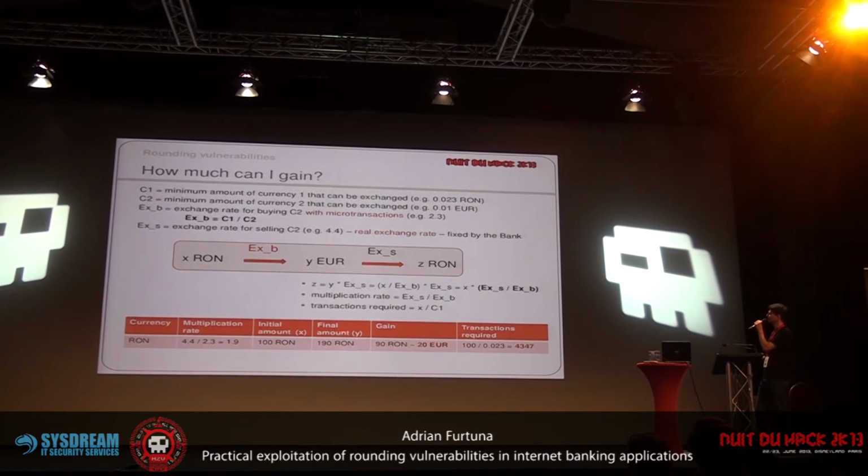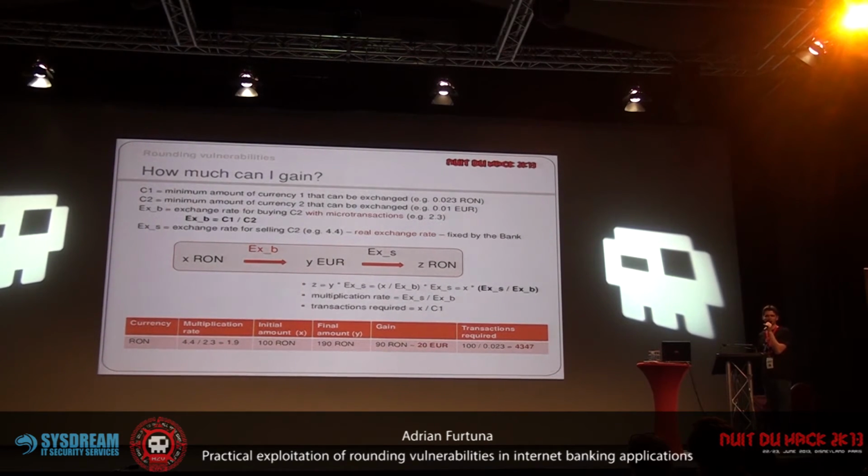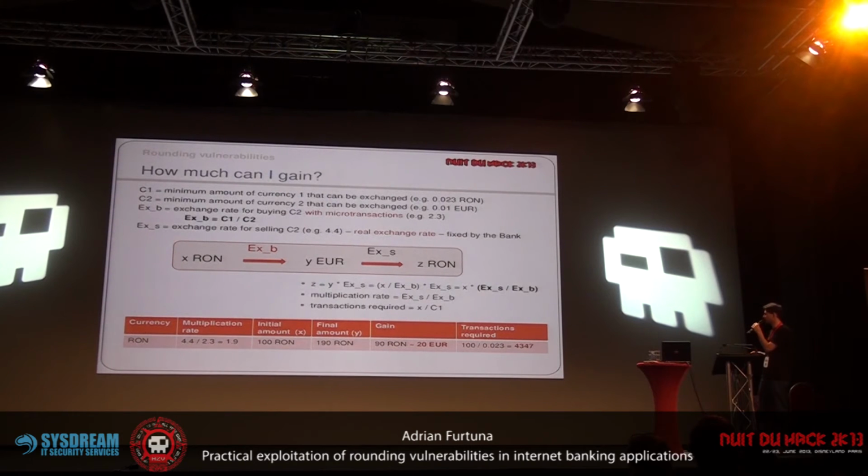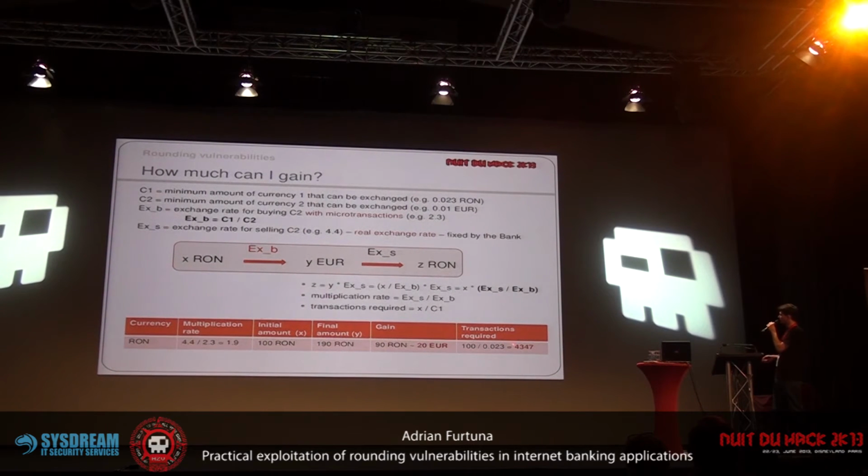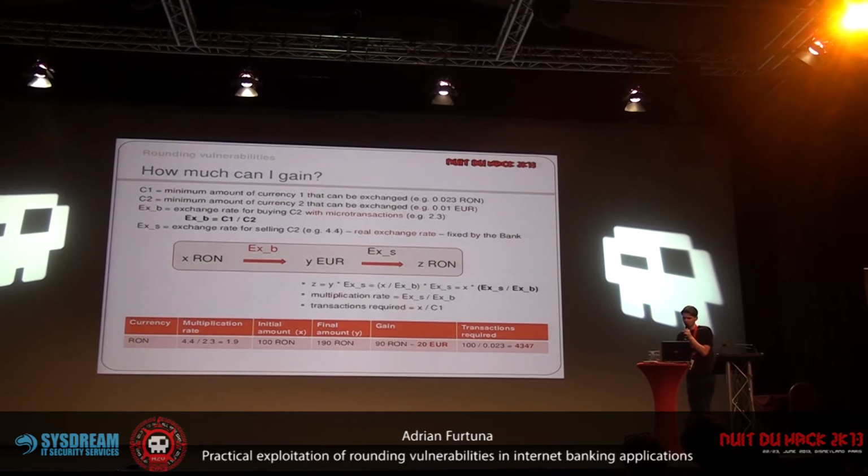No, the final amount is 190 RONs, and you can gain 20 euros actually from doing lots of microtransactions and exploiting the rounding vulnerability. Now, if you ask how many transactions are required to win this amount, quite a lot. There are 4,347 transactions.